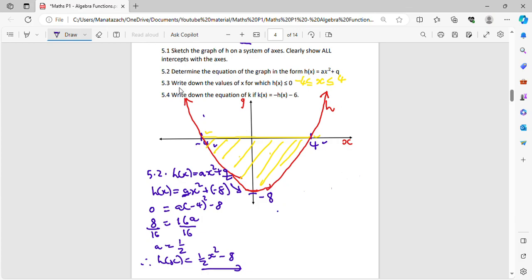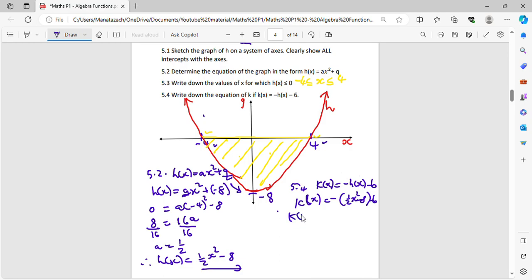5.4. Write down the equation of k if k of x is equal to minus h of x minus 6. So 5.4, k of x is equal to minus h of x minus 6. So we already have h of x, it's 1 over 2 x squared minus 8, minus 6.